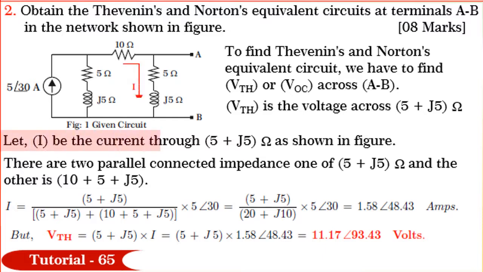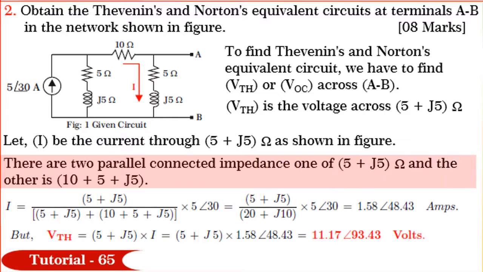Let I be the current through 5 plus J5 as shown. Observe that there are two parallel connected impedances, one of 5 plus J5 and the other of 10 plus 5 plus J5 across a current source of 5 angle 30 amperes.